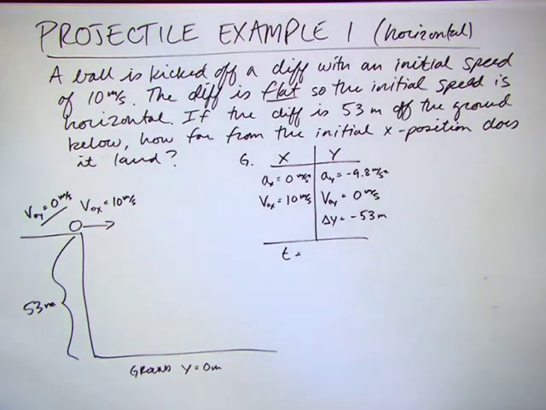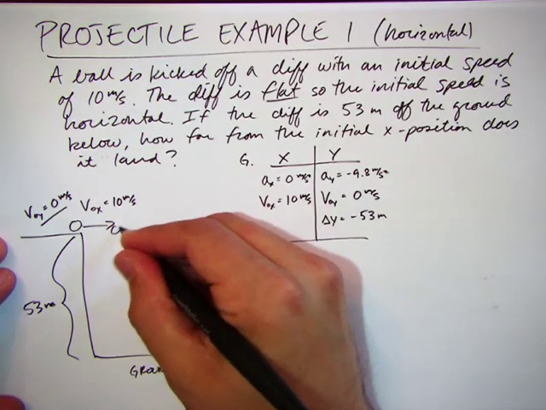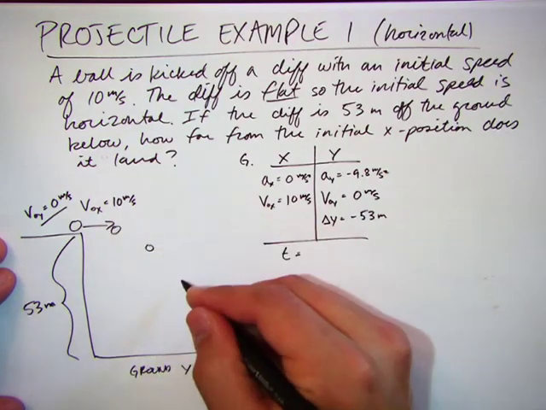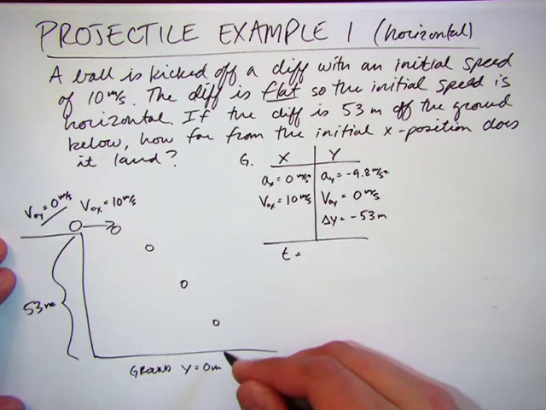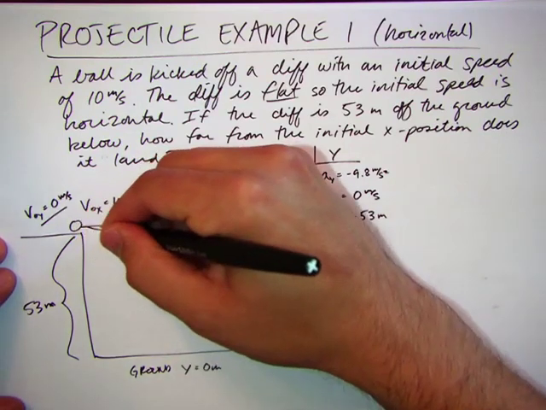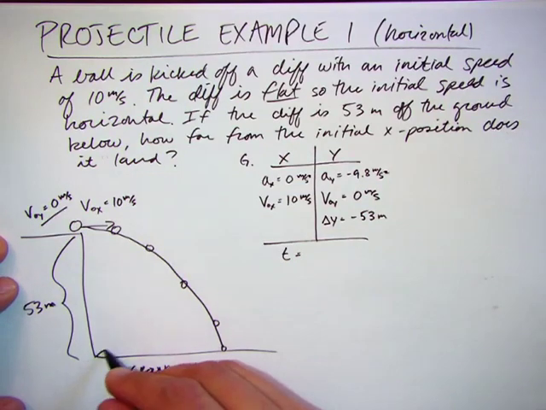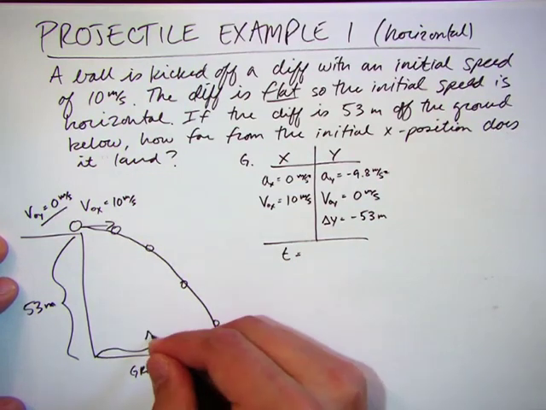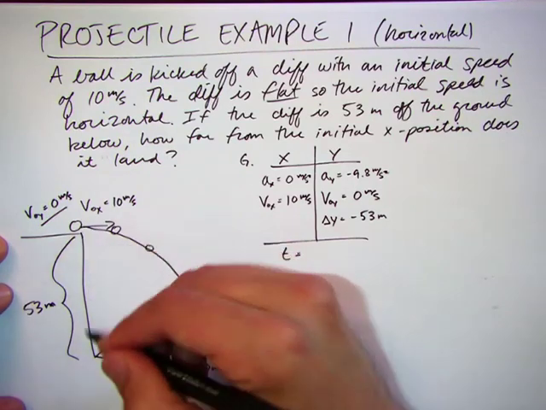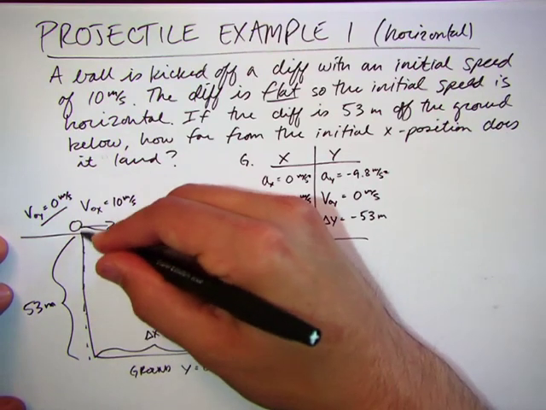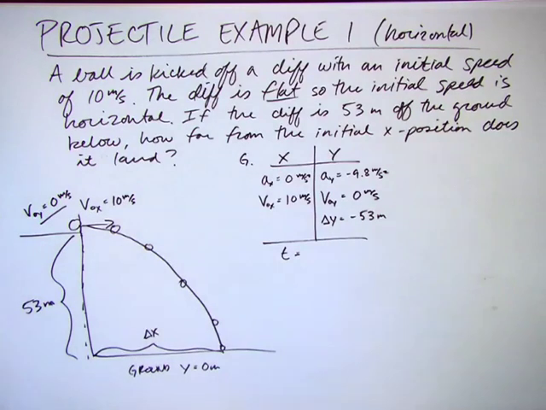The time is independent of the direction I'm looking at. So what's going to happen is my ball is going to slowly accelerate till it hits the ground, and it's going to eventually land some delta x from my initial x position.